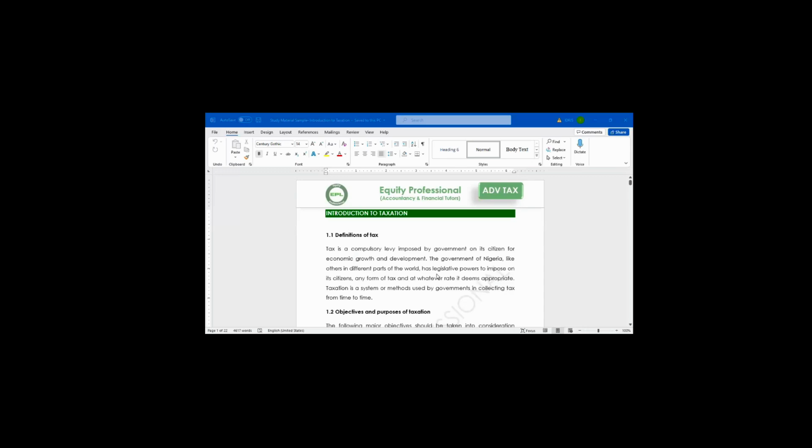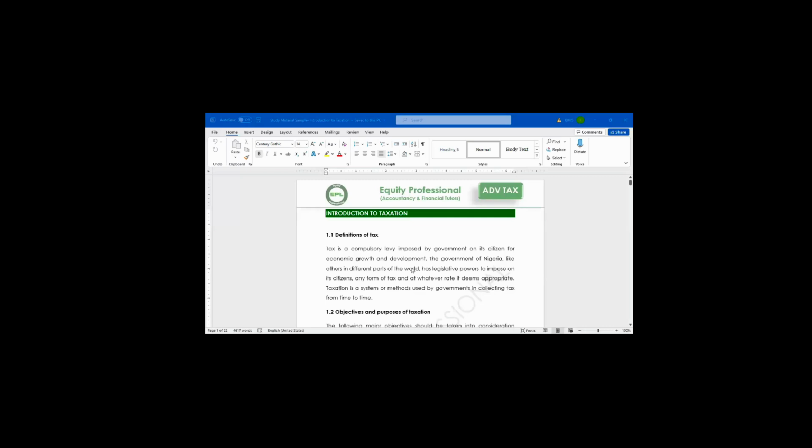It is government that collects tax. It also means every citizen that receives income is compelled to pay tax so far as you are earning income.